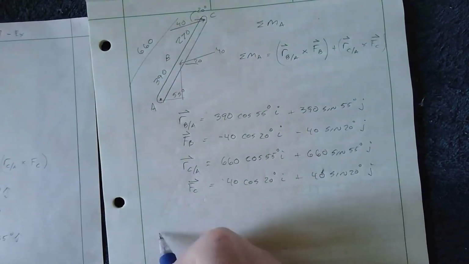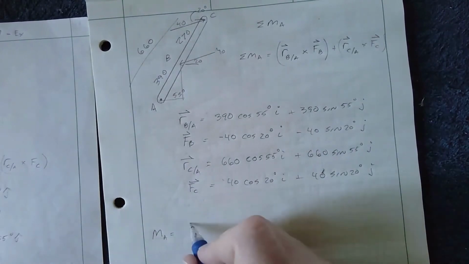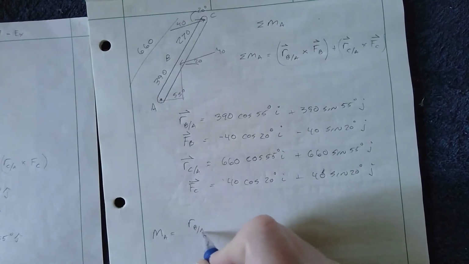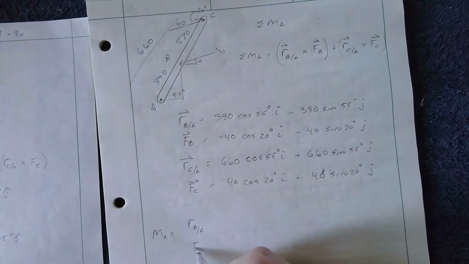So we go ahead, we know that our moment about A equals R_B relative to A, because it's always R cross F, never F cross R, F_B.